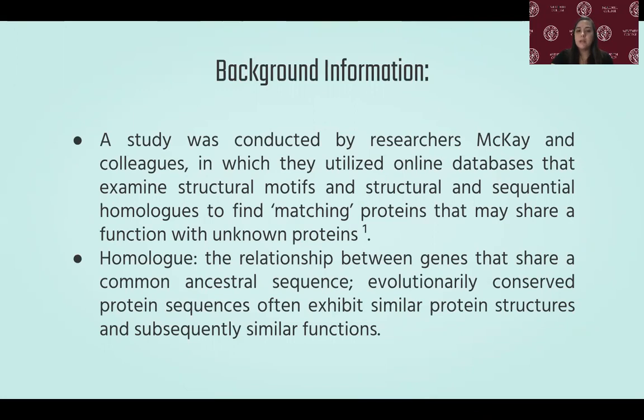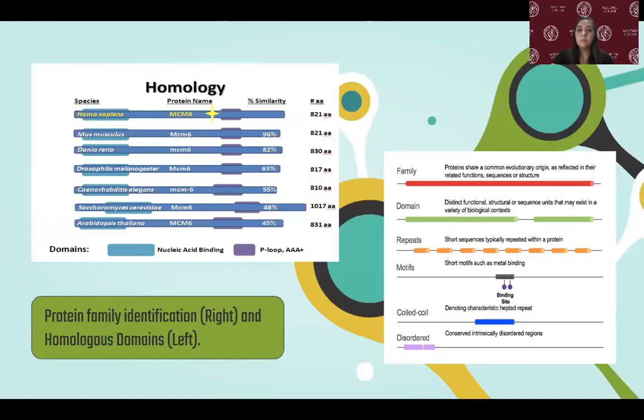And what a homologue is, it's the relationship between proteins that share a common ancestral sequence, and pieces of the original sequence were evolutionarily conserved and passed down into the modern day proteins. And proteins that share these conserved sequences will often exhibit similar 3D structures and therefore will have similar functions.